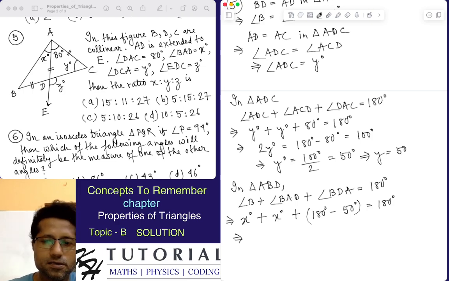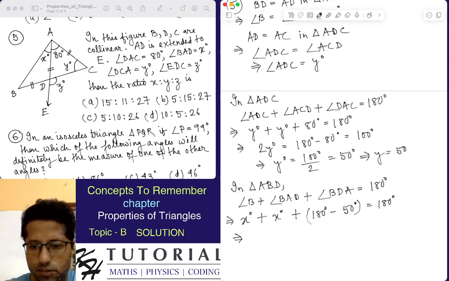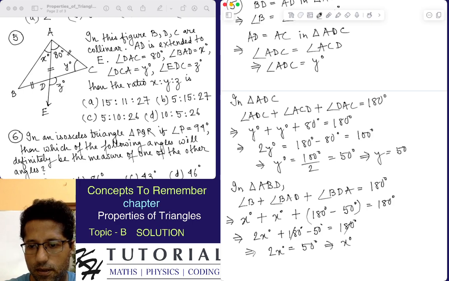So angle BDA is 180 minus 50. This implies 2x degree plus 180 degree minus 50 degree equals 180 degree. 180 cancels. This implies 2x degree is equal to 50 degree, so x degree equals 50 degree by 2, which is 25 degree.